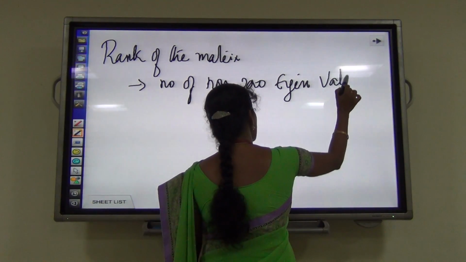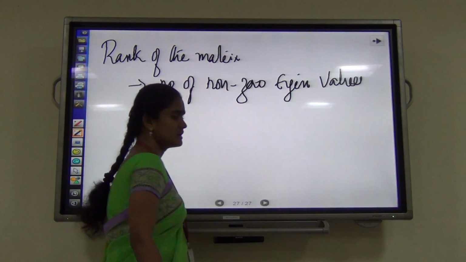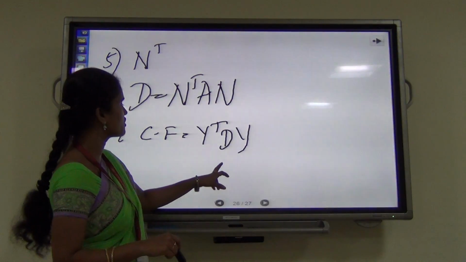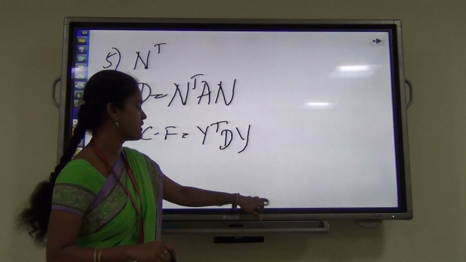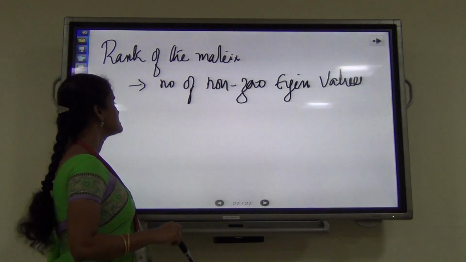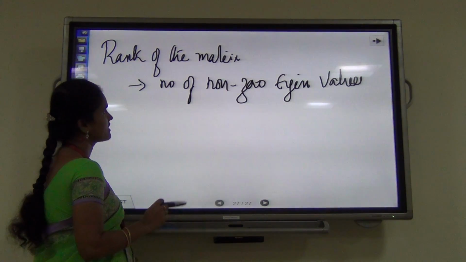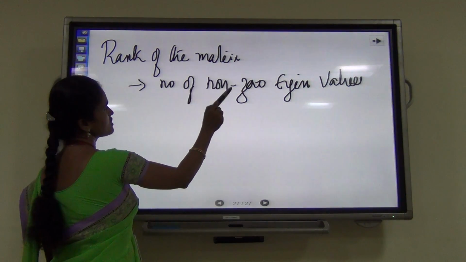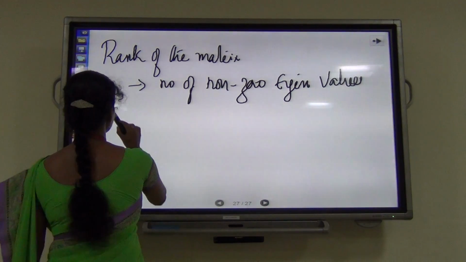Eigenvalues will be nothing but the diagonal entries of a diagonal matrix. So through the diagonal matrix we can get the canonical form Y transpose DY. So here you can get the rank of any matrix by calculating the number of non-zero eigenvalues.